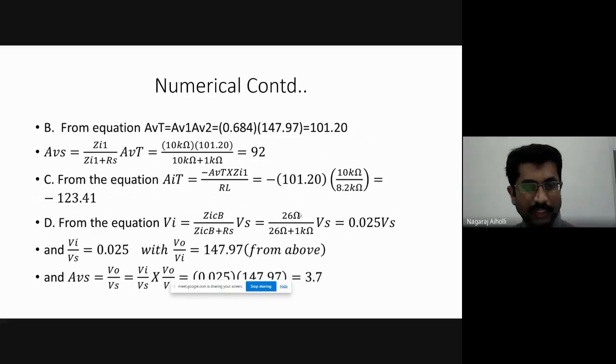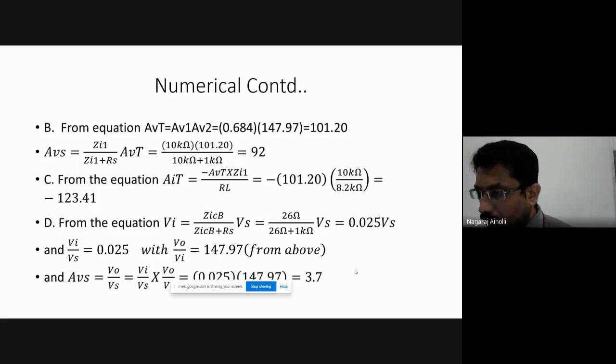To calculate that, we have to again use the same formula that we have used there. That is, the formula is Vi is equal to Ri by Ri plus Rs into Vs, the formula that we used for calculating part B.